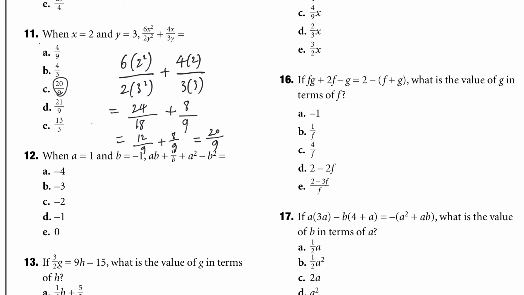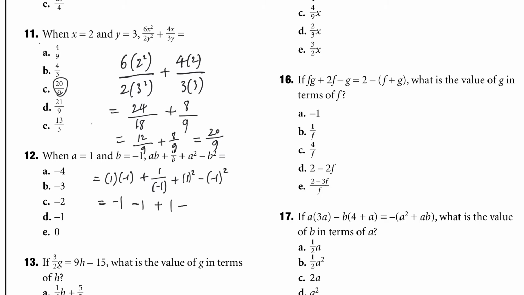When a is equal to 1 and b is equal to negative 1, ab plus a over b plus a squared minus b squared. So ab, I'm going to plug it in again. A is 1, b is negative 1, plus a is 1, and b is negative 1, plus 1 squared minus negative 1 squared. 1 times negative 1 is negative 1. 1 divided by negative 1 is negative 1. 1 squared is 1.